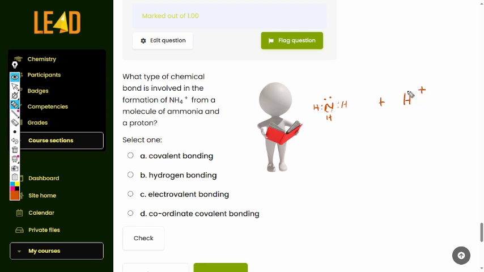It only has one proton, it doesn't have any electron. So what happens is they share this lone pair of electrons. Ammonia donates this lone pair of electrons, and then hydrogen receives, and they share it. So that type of bond is called a coordinate covalent bond or a dative bond. So from the options, what we have there is a coordinate covalent bond, so that's D.